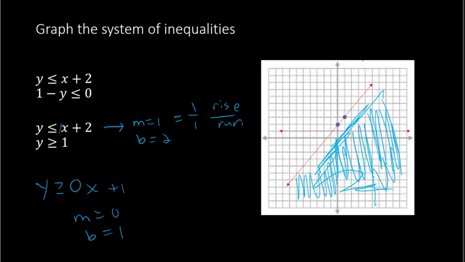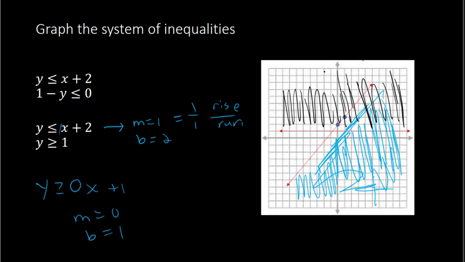So my line would be this horizontal line right here at 1. It is a solid line because we have the equal to as part of the inequality. Our shading is going to be above because it says y is greater than or equal to, so you shade in above 1. That's everything up here.